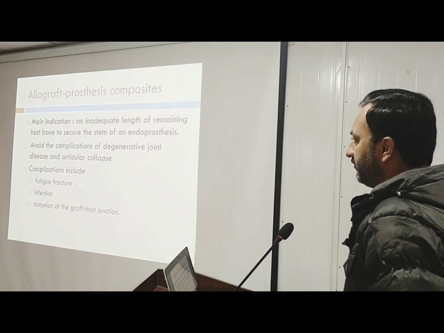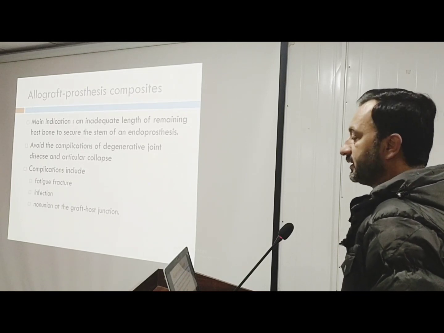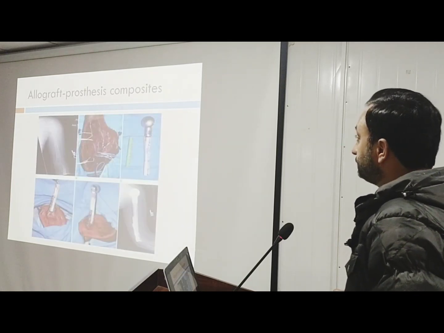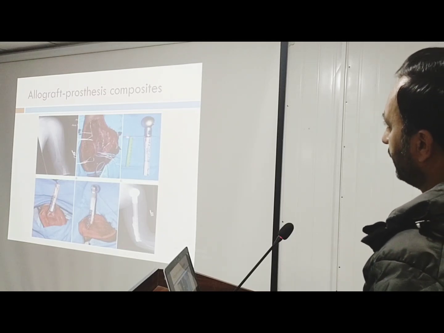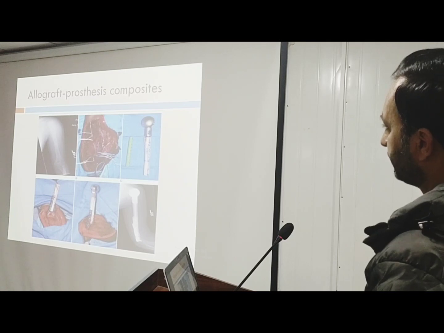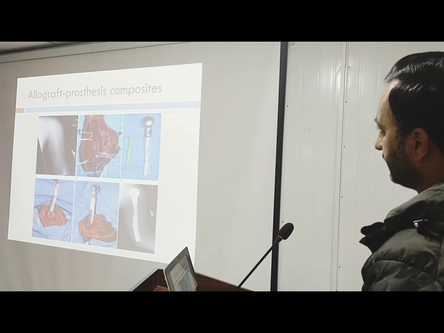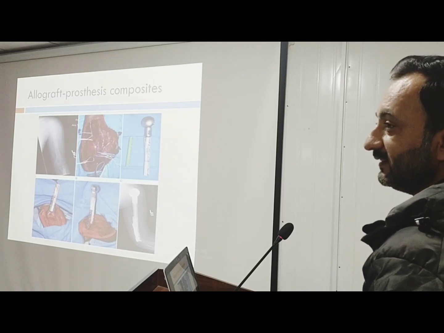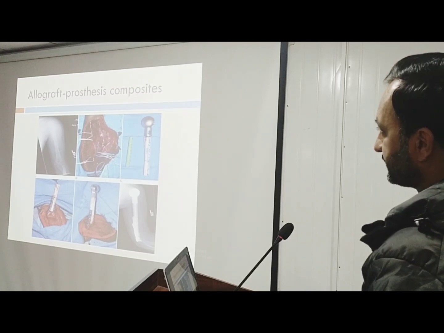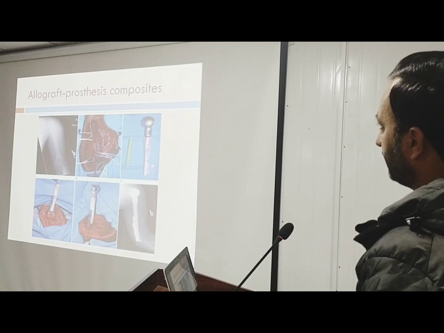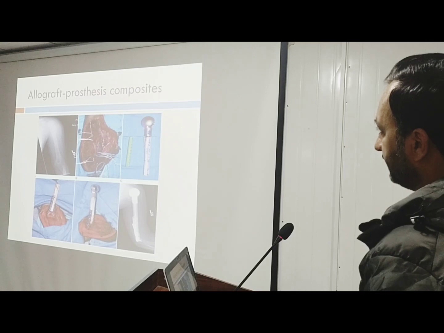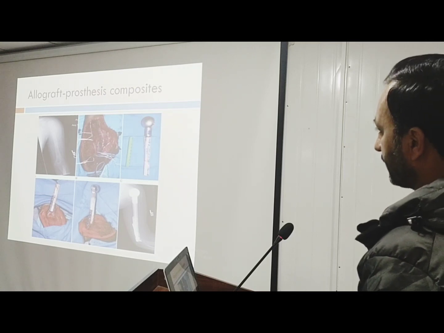Complications still include fatigue fractures, infections, and non-union. So this is an allograft prosthesis composite. We are removing this part of the humerus. This is almost a radical excision, and this is the allograft, and this is the prosthesis. It's a prosthesis, it's an allograft. So this is an allograft prosthesis composite.